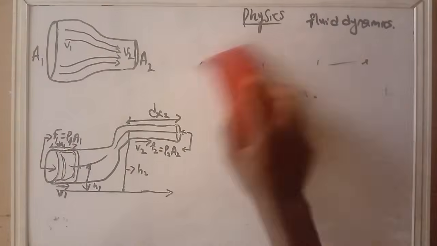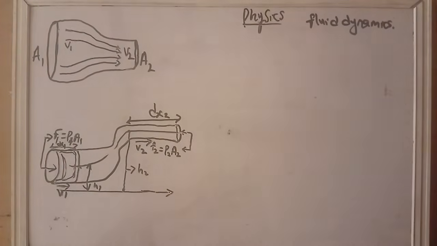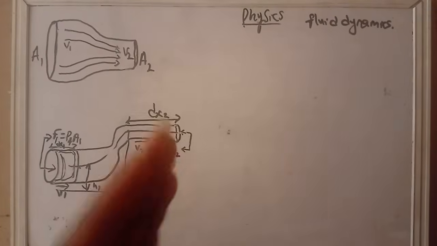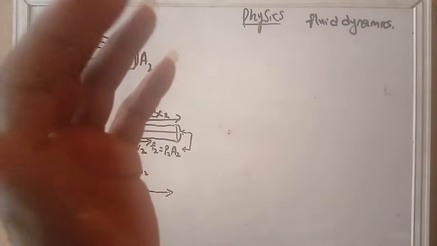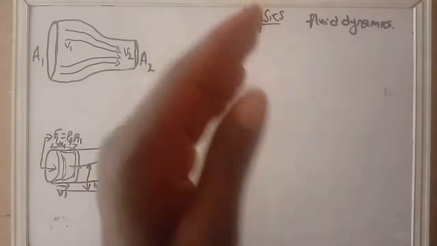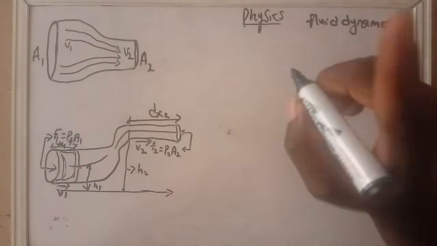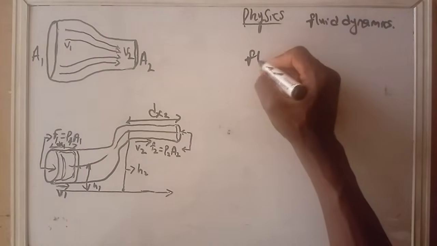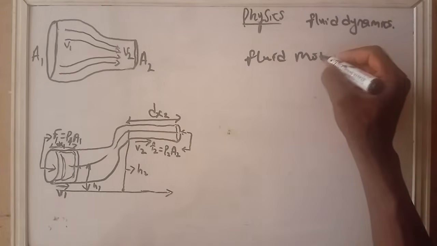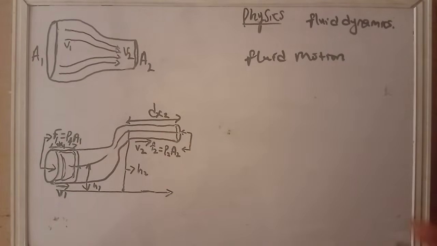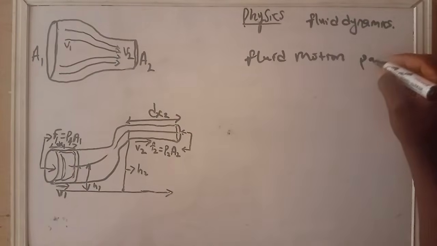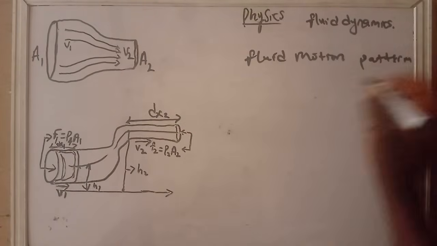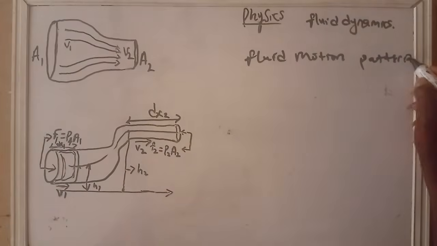When fluid flows steady, what do we mean by steady? That is, when fluid is flowing uniformly, when it flows steady, the fluid motion pattern is constant.